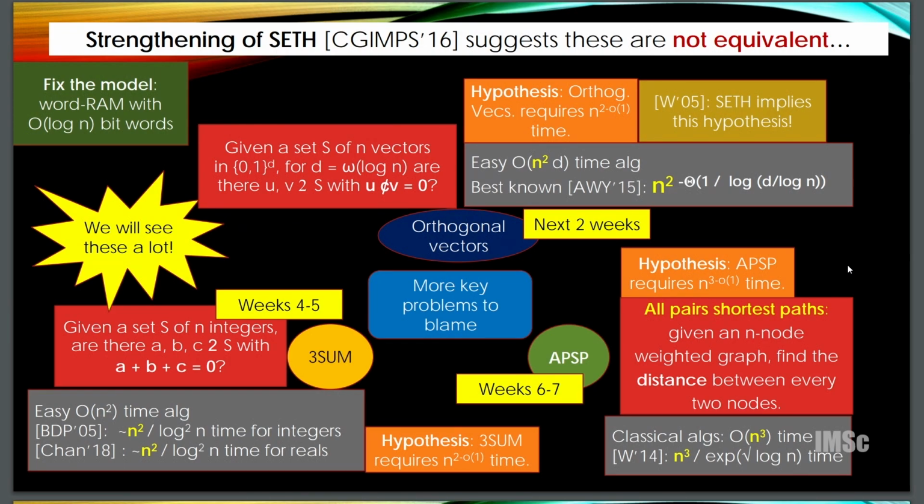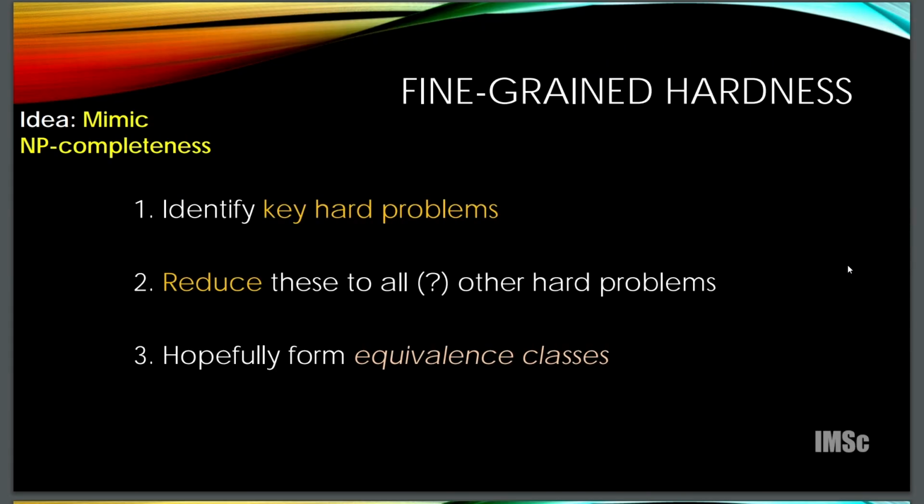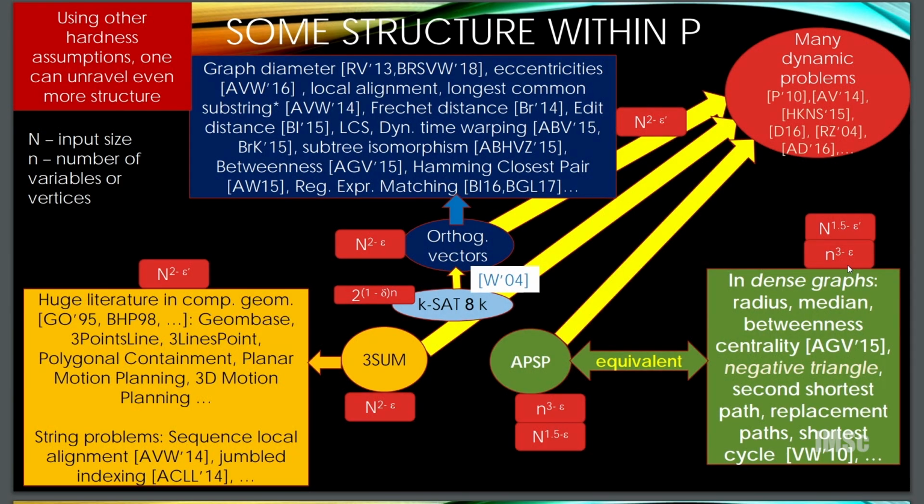This says in the next 2 weeks we are going to look at this, next 4 and 5 we are going to look at this, and so on. That is not what we are going to do anyway. This W04 refers to a paper written by Williams. These are all papers from the last 10-15 years on these problems, so fairly recent.